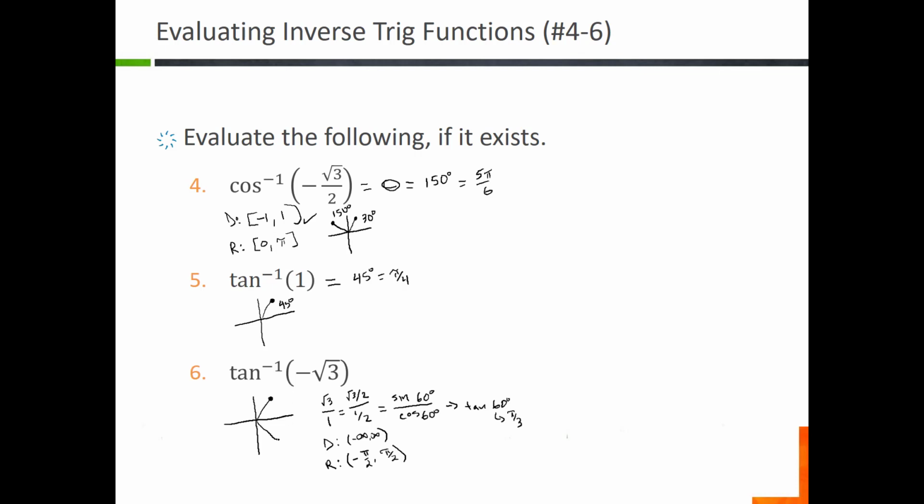A negative 60-degree angle is in the fourth quadrant. So this turns out to equal, we're going to rotate negative down into the fourth quadrant. So we're going to have a negative pi over 3.